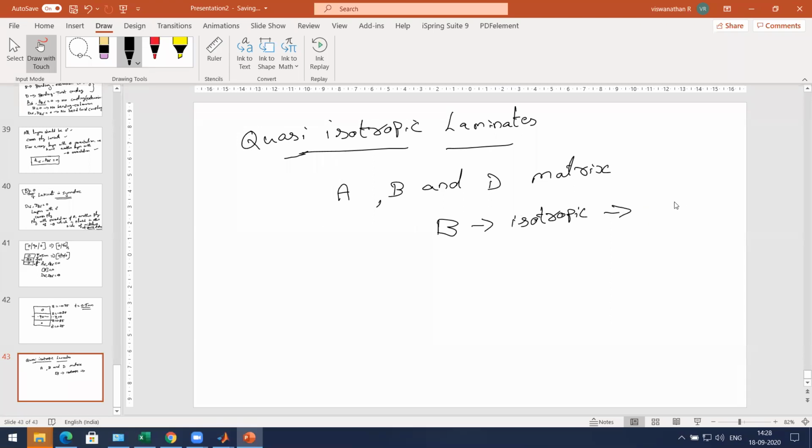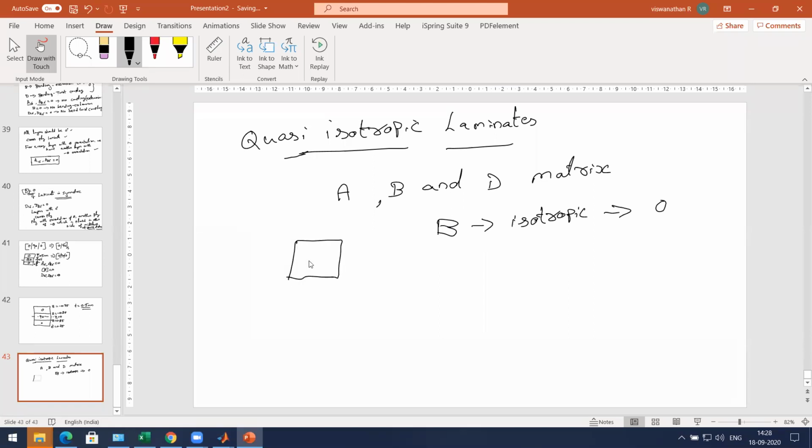Zero, sir. Zero. How? Sir, even a symmetric matrix takes equal loading. So it is not about loading. We don't talk about loading, we talk about stiffness. Okay. So the B matrix, as you said, yes, you are right.